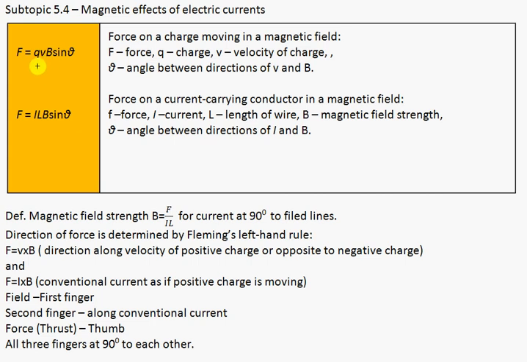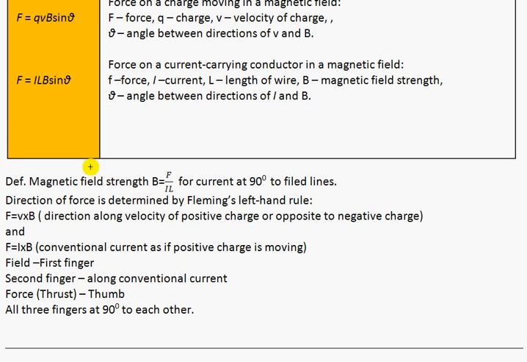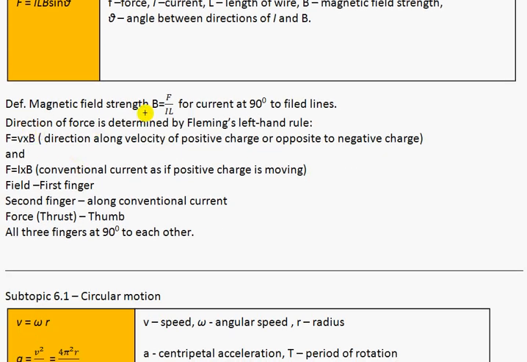Moving charge will have force, and current has force. Definition of magnetic field strength: it is force acting on 1 meter wire with current 1 ampere in this magnetic field. So angles at 90 degrees.